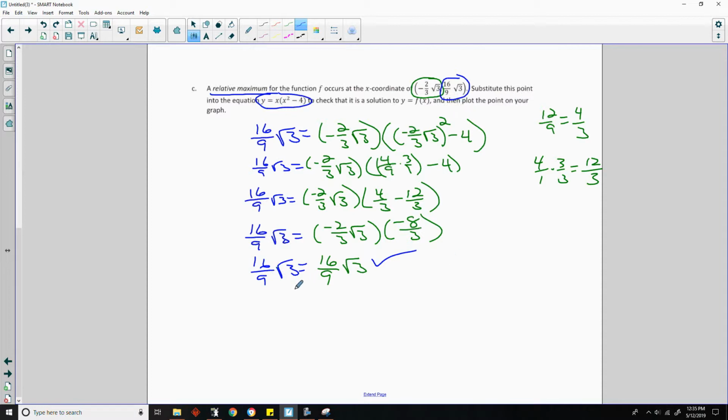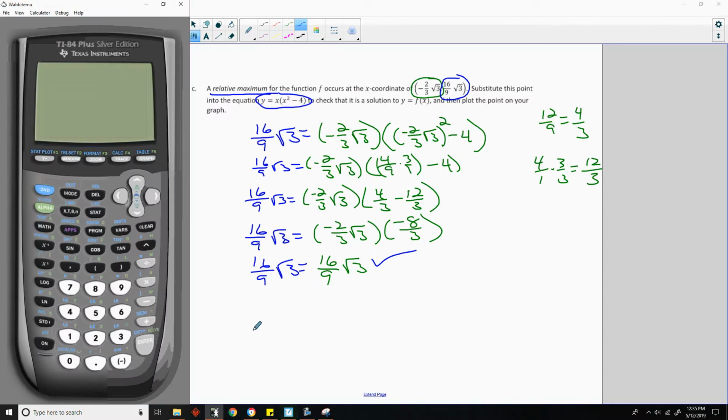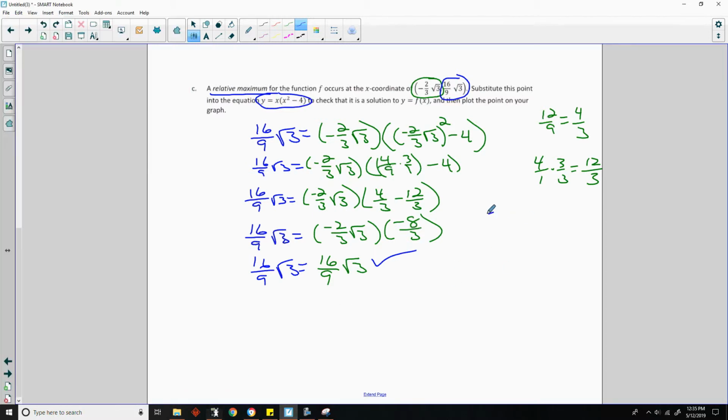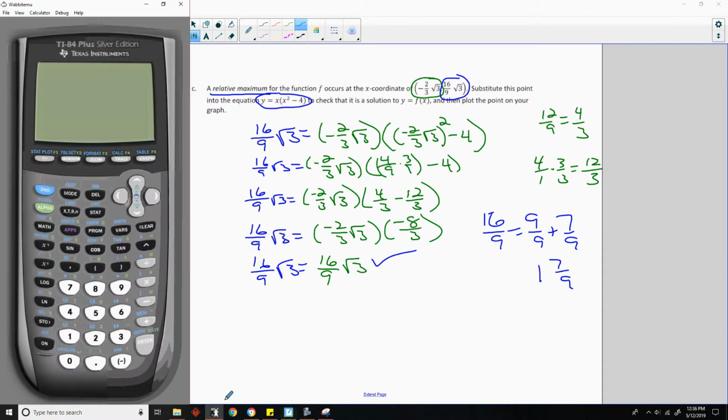Well, 16/9 square root 3, what is that? Well, 16/9 for starters, let's do that first. 16 over 9 is 9/9 plus 7/9, which is 1 7/9, almost 2. And what is the square root of 3 as an approximation? 1.73205... it goes on and on and on. So 1 7/9 times 1.73.